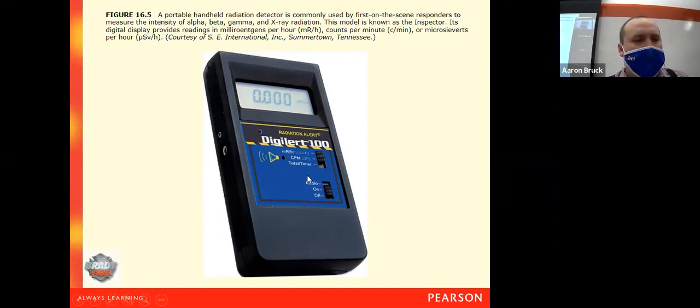So this top reading here, the MR per hour, that's milliröntgens per hour. So that gives us more of an idea of dose. We also get counts per minute here, counts per minute and counts per second. That tells us how many radioactive particles we see in that minute of time.